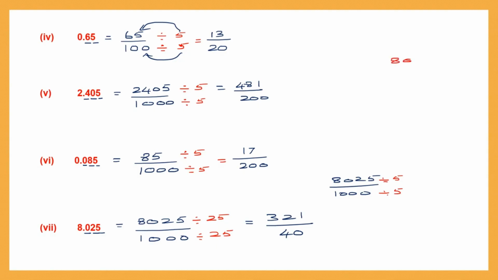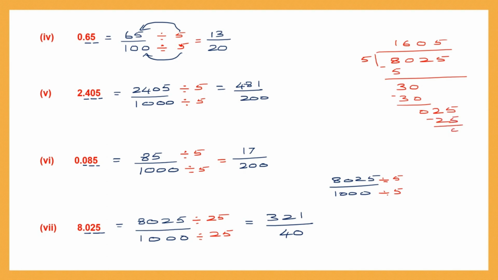So let's divide 8025 by 5. 5 ones are 5, minus, 8 minus 5 is 3, and then I bring down 0. I have 30. 5 sixes are 30, minus, and then we bring down the next one, 2. 2 is smaller than 5, so we put a 0. We bring down 5, 25. 5 fives are 25.